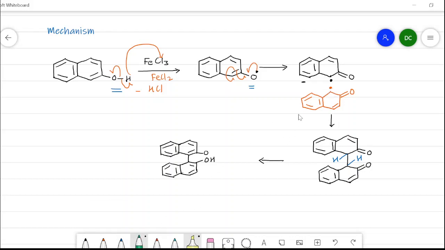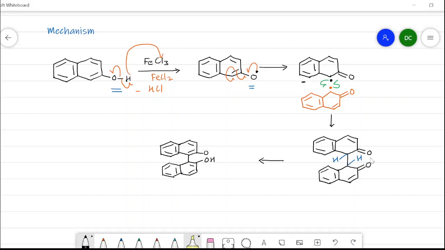It means that two electrons are combining here with the formation of a single bond between the two carbons. In this way, two molecules of beta-naphthol couple at this carbon. Already on this carbon there is one hydrogen, and on this carbon there is one hydrogen, that I have written here.